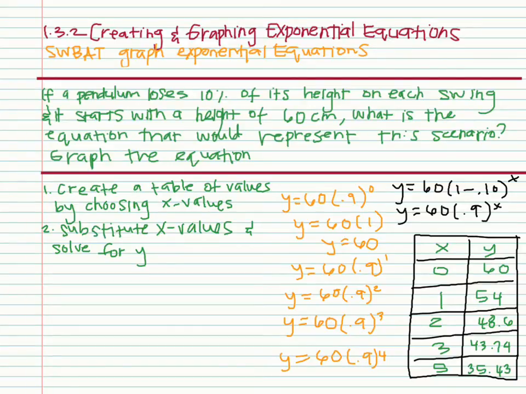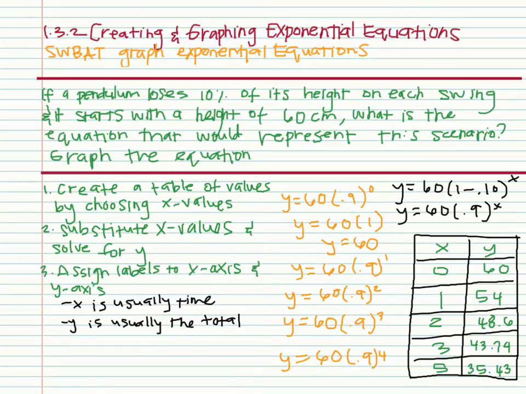Now let's move on to step 3, which is to assign labels to your x-axis and y-axis. When we're assigning labels, x is usually going to be time, y is usually going to be the total. In this specific problem, we are talking about a pendulum swinging.